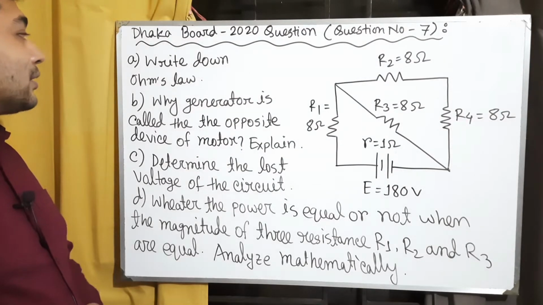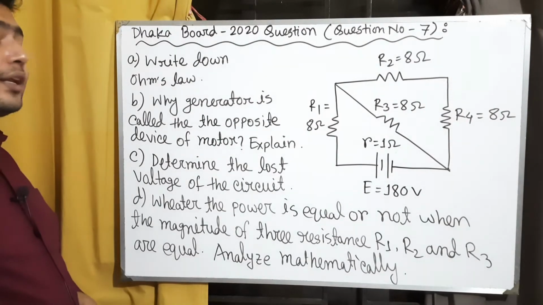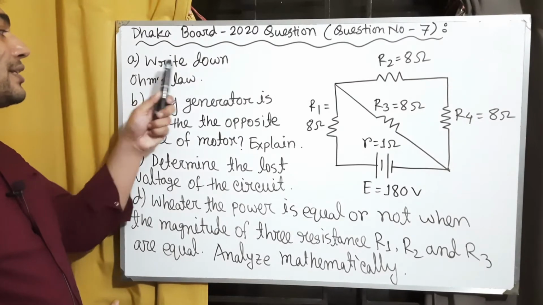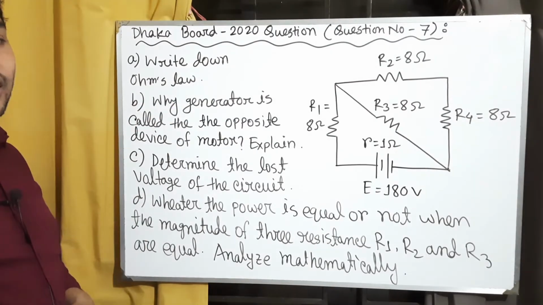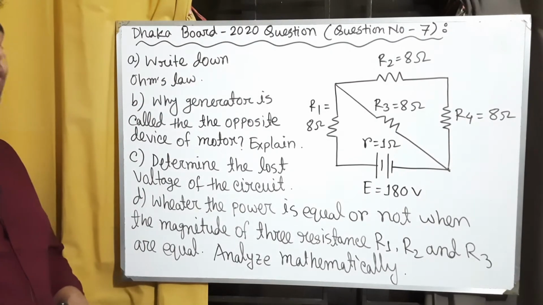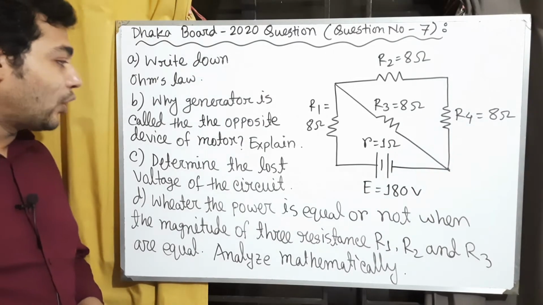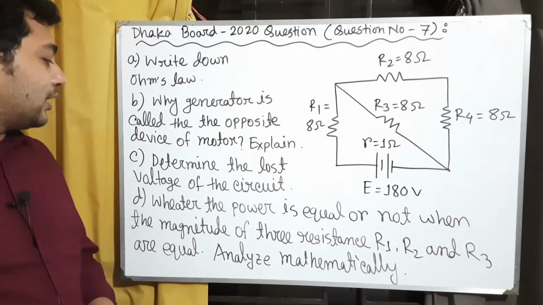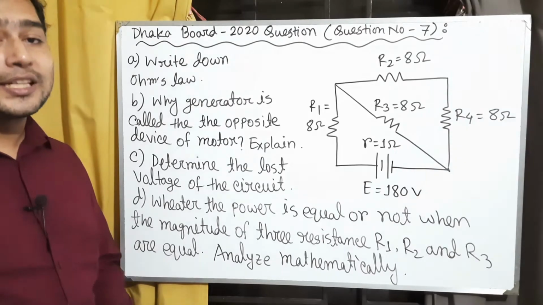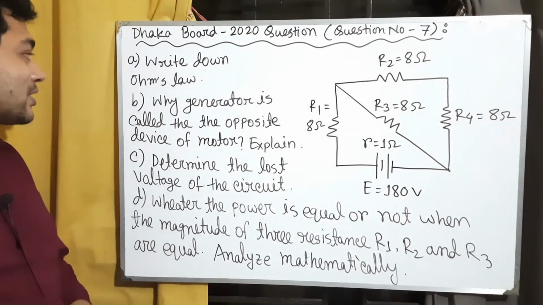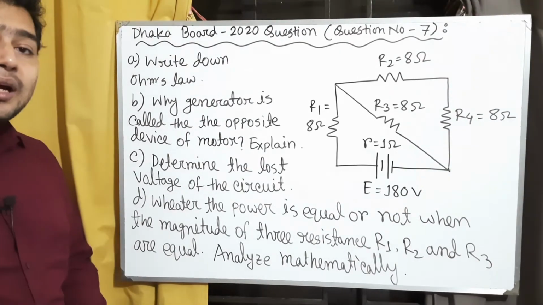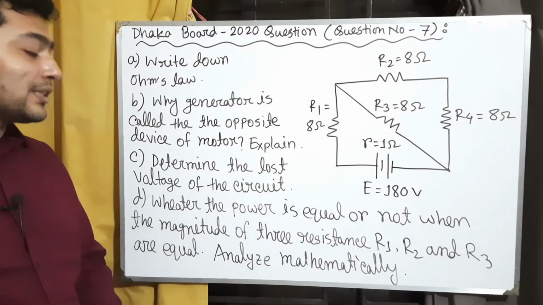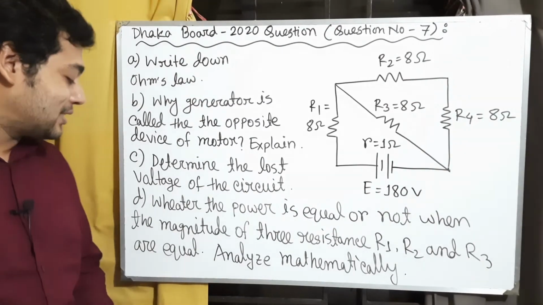Our given questions are: A, write down Ohm's law. Question B, why is a generator called the opposite device of a motor? Explain. Question C, determine the lost voltage of the circuit.